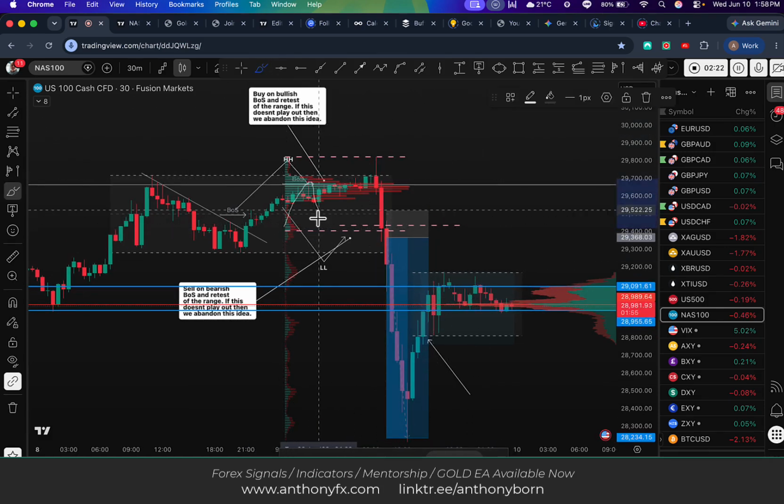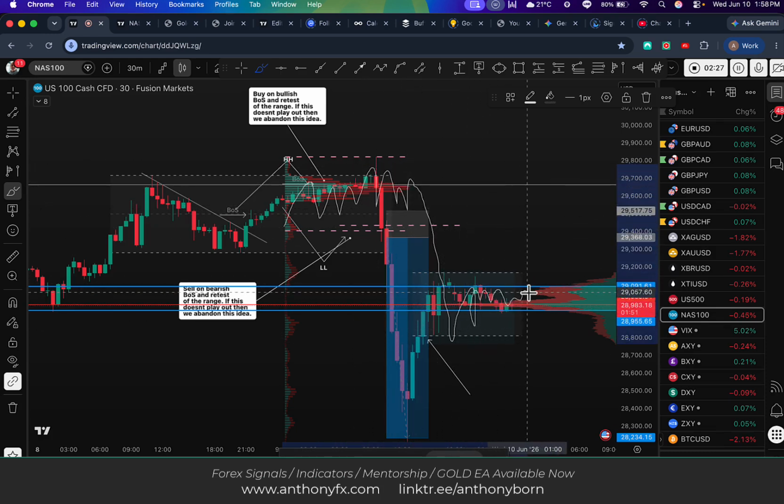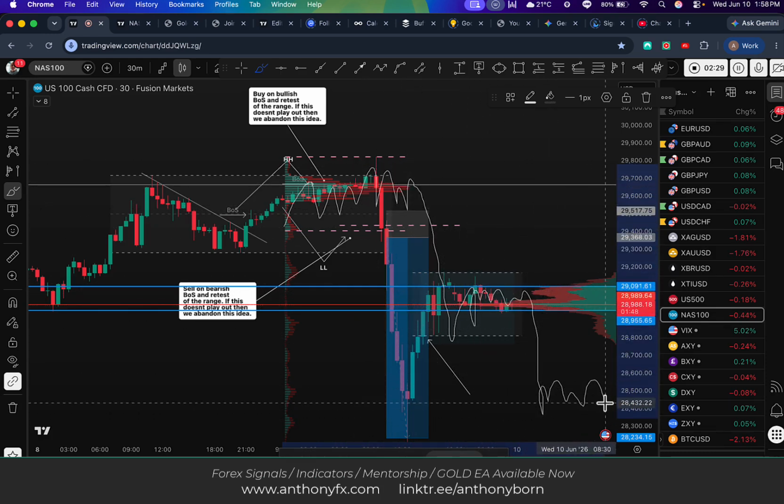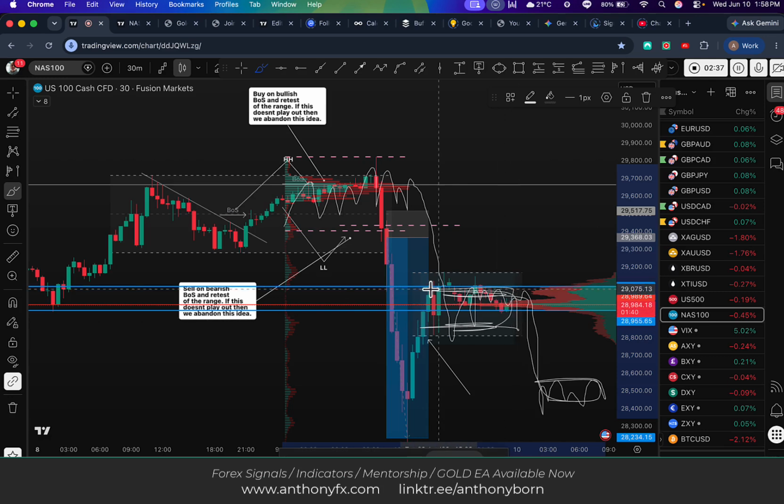So rather than just wiggling up and down in the range, you go to price discovery, next range, possibly short, next range. Right, so I'm always looking for this, a high and the low of the range, where it's going to be wiggling up and down. And at some stage you get a breakout of the range and it goes into price discovery. All right, and same thing back up in here.